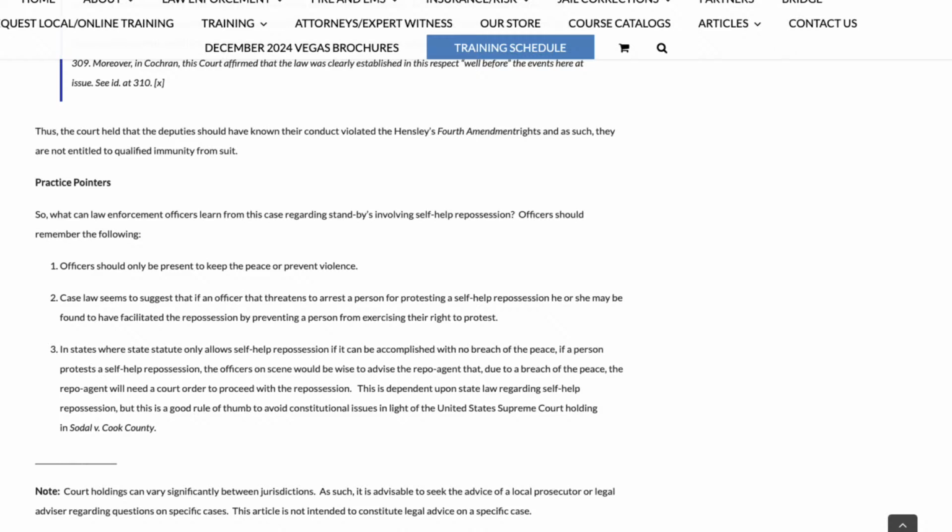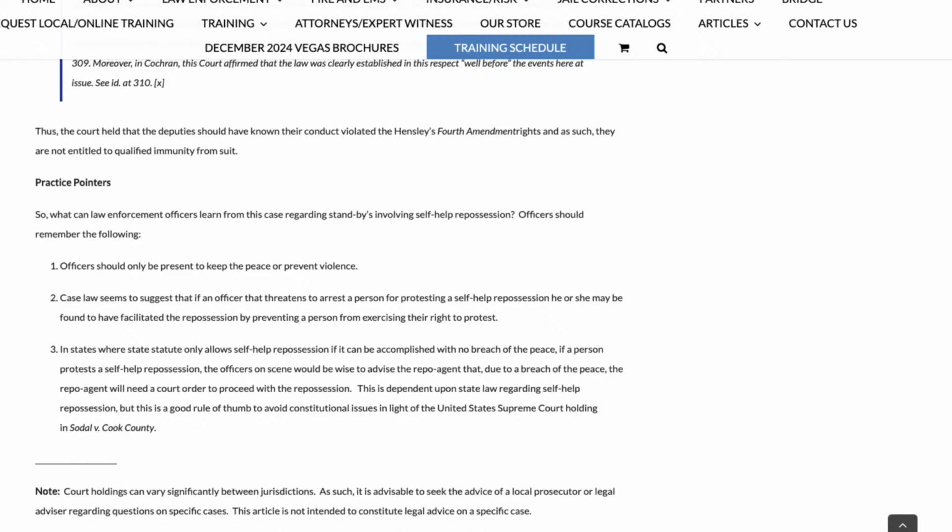Case law seems to suggest that if an officer threatens to arrest a person for protesting a self-help repossession, he or she may be found to have facilitated the repossession by preventing a person from exercising their right to protest.